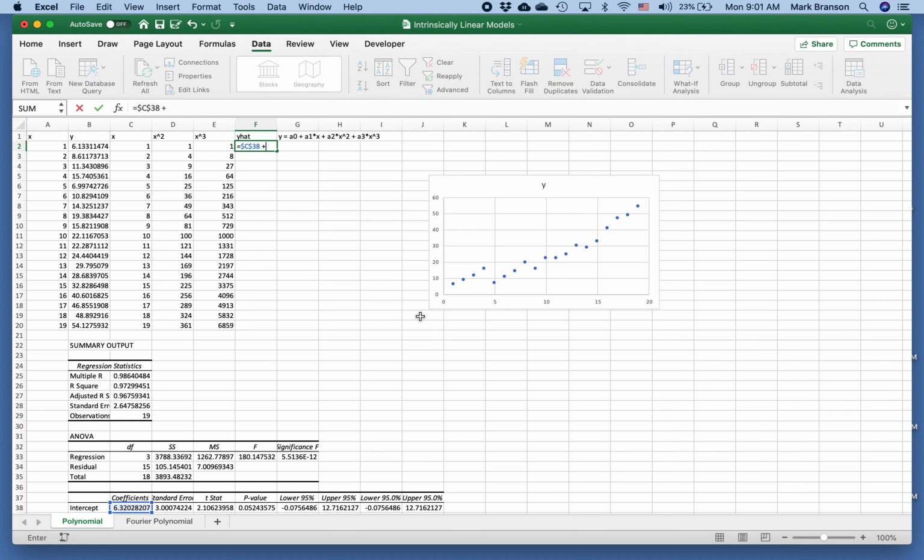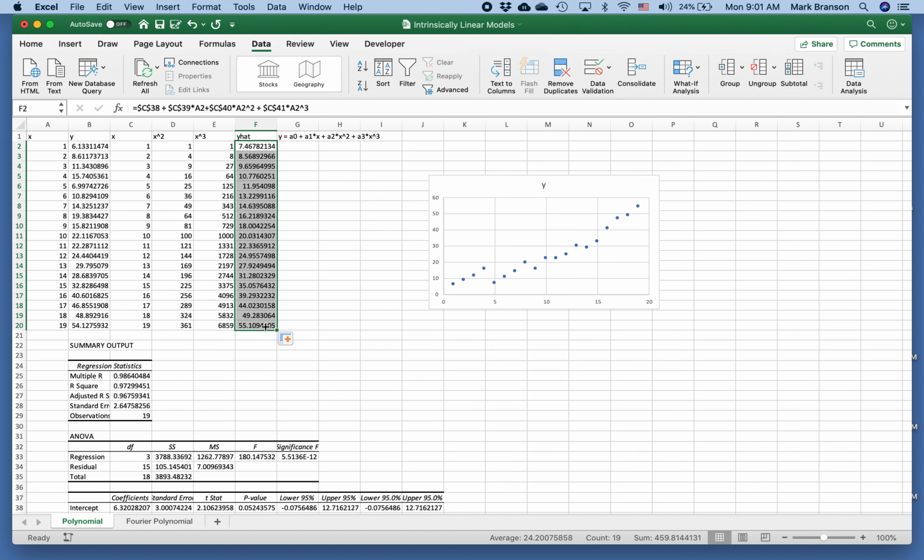That's our a0, plus C39, our a1, multiplied by x, plus C40 times x squared, plus C41 times x cubed. You can see that predicts a y hat value of 7.46 when the actual value is 6.13.